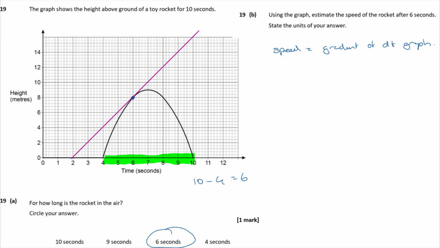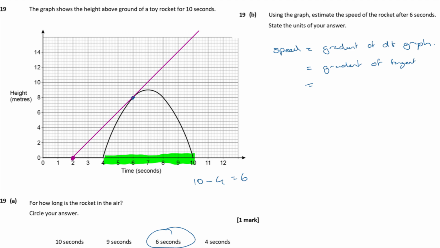So I'm going to pick 2 points on that tangent that I can easily read. I think I'm going to pick this point down here at (2, 0). And I'm going to use change in y divided by change in x. So the speed is equal to the gradient of the distance-time graph, which is equal to the gradient of the tangent drawn at the point of contact.